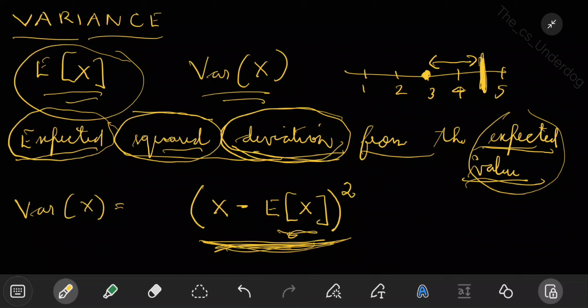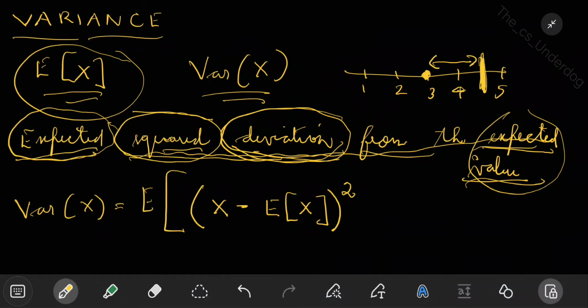And once you found that, you found the squared deviation from the expected value which is (x minus E of x) whole square. And the next step is to find expected squared deviation from the expected value. So you have to find expectation of this whole thing. This is what you call variance. Variance is the expected squared deviation from the expected value, right?